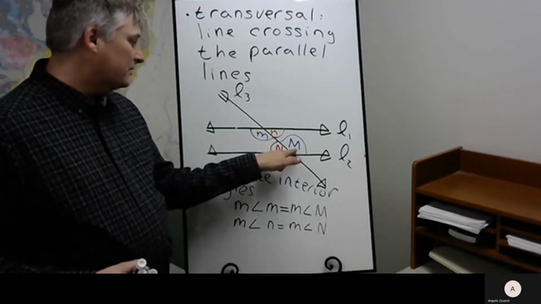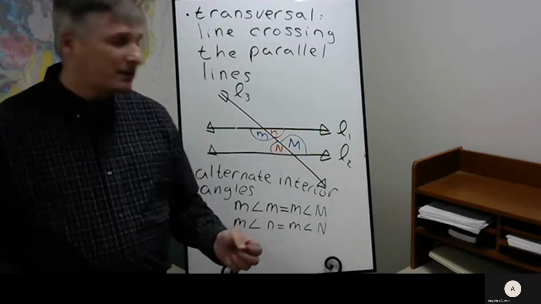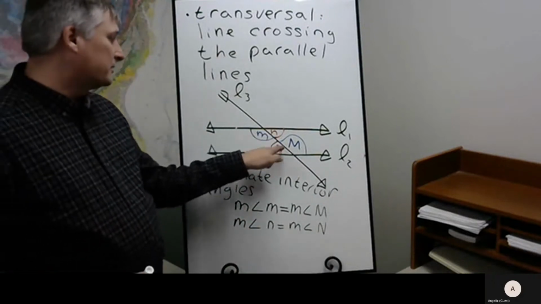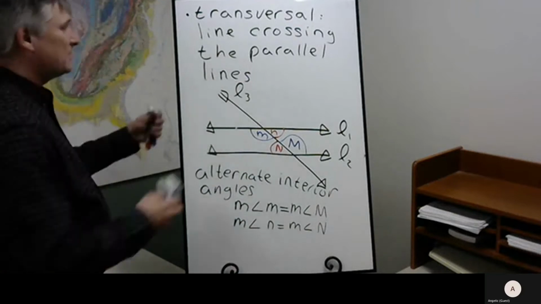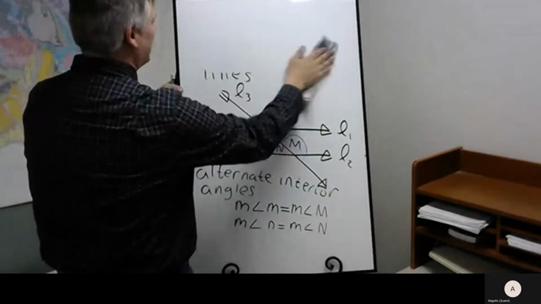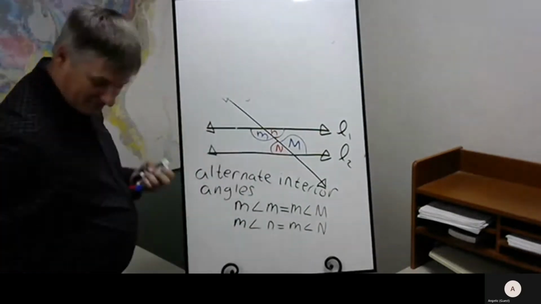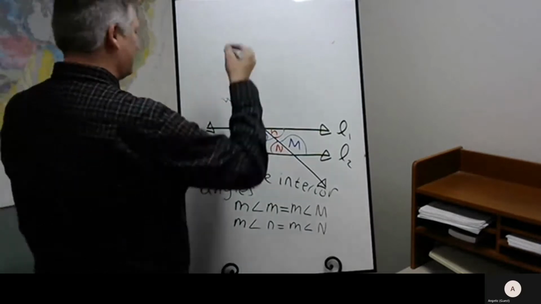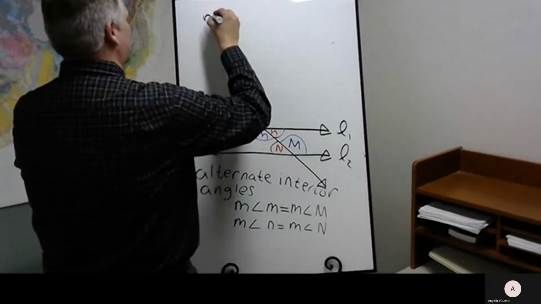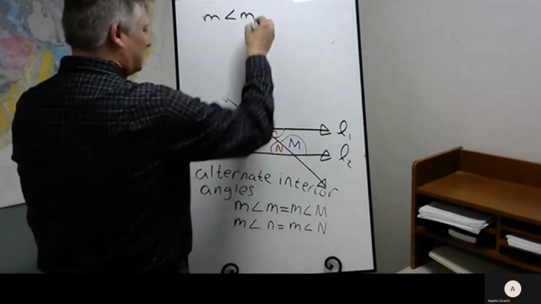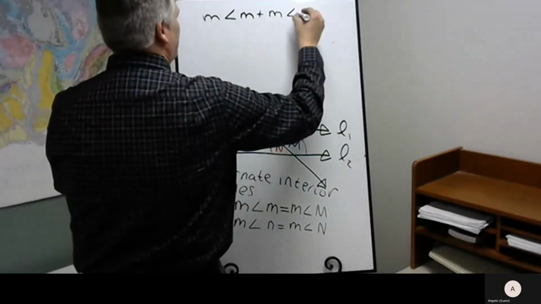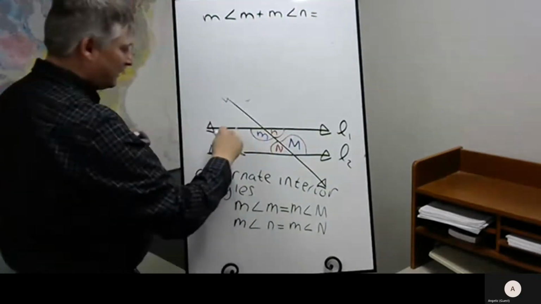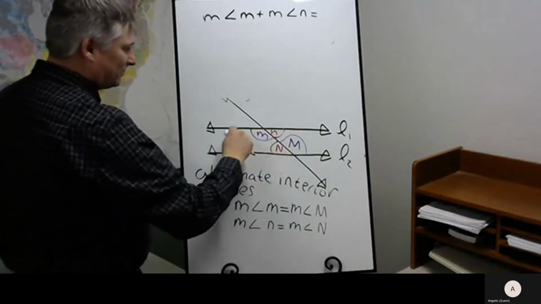The alternates on the inside are the same, and then these other alternates on the inside, those two are the same. And there's another little property here we can point out. The measure of angle little m plus the measure of angle little n, this is a straight angle.